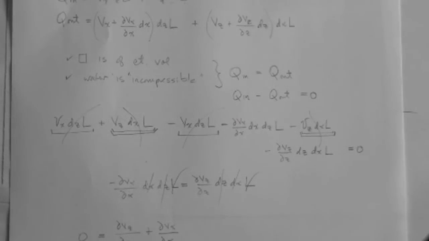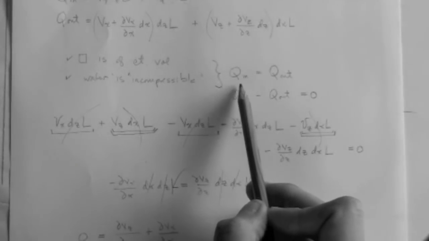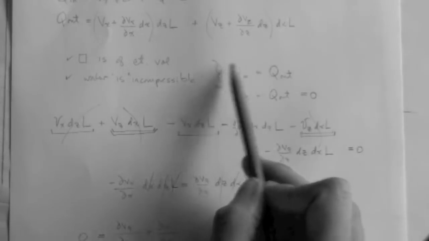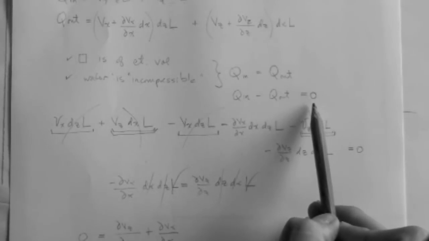So make sure that you remember that, because some people tend to believe that water is actually incompressible, which is impossible. Now, with these assumptions, we can say Q in is equal to Q out, which is to say Q in minus Q out, we move this one to this side, is equal to 0.